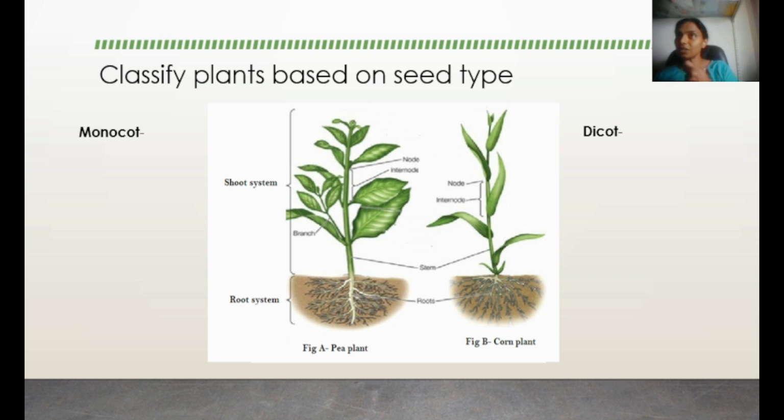As you know, once the pea is soaked, you can split it into two equal halves. It has two cotyledons, right? So when a pea plant grows, this is how its root system looks, and this is how its leaves look. There is a visible difference between the dicot plant, that is a pea plant, and the monocot plant, that is a corn plant, as you can see.